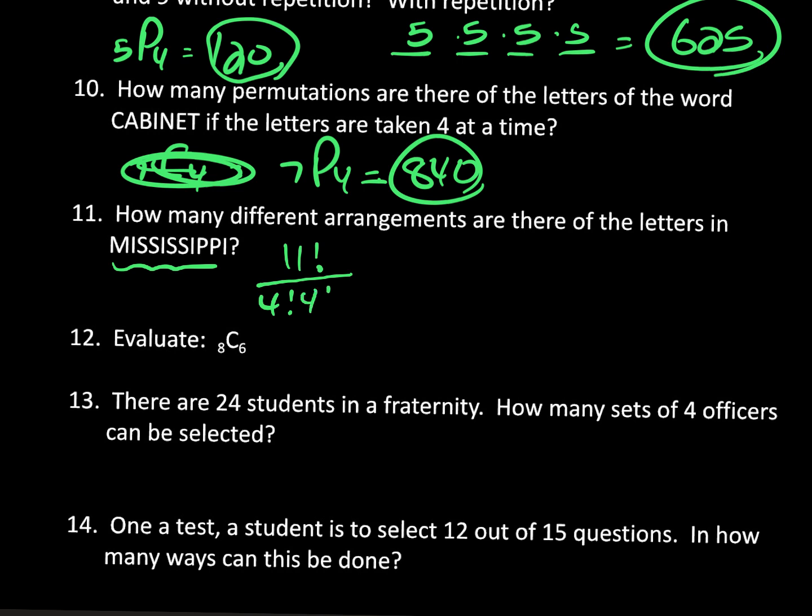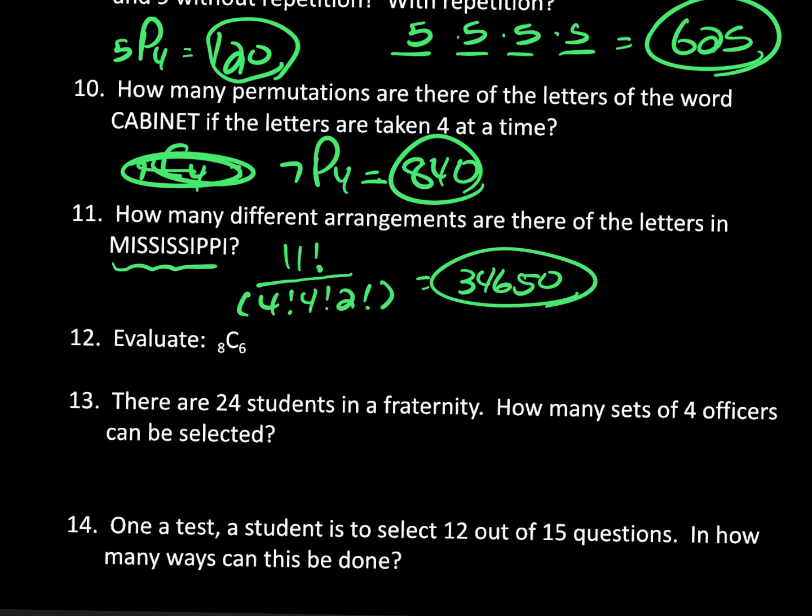There are 4 I's, so I'm doing 4 factorial. There are 2 P's, so I'm doing 2 factorial. Now, the hardest thing about this one is punching it in incorrectly. Your whole denominator must be in parentheses, so be careful there. I'm going to pause this a second and go punch that in, because it's going to take a second. Okay, after punching all that in, 34,650, boom. Another good word for that would be like Tennessee, just saying.